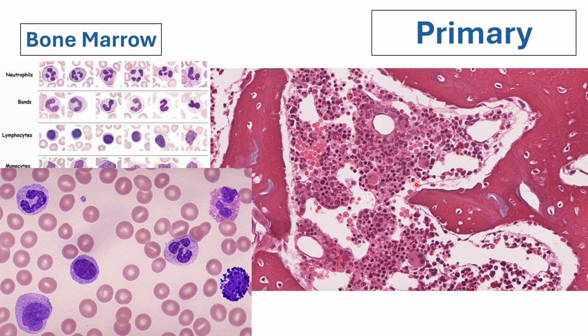But of course, if they become more mature, they will be transferred to the circulating blood, which is found in the arteries and veins, right? So again, all of this functions in the immune function of the body.